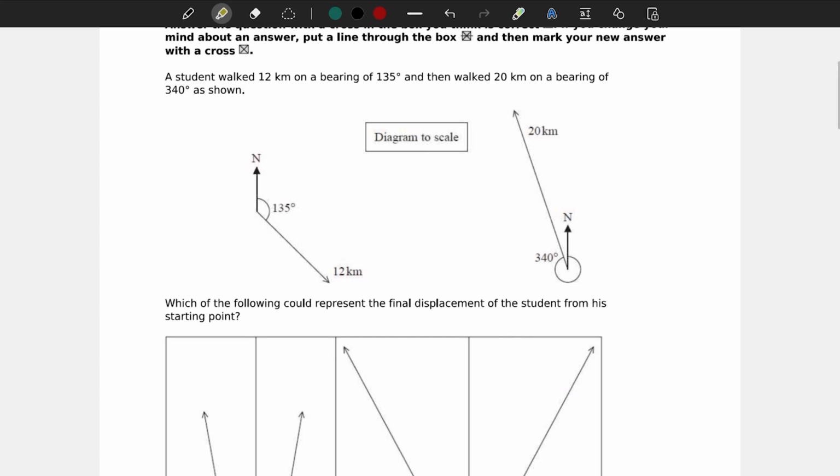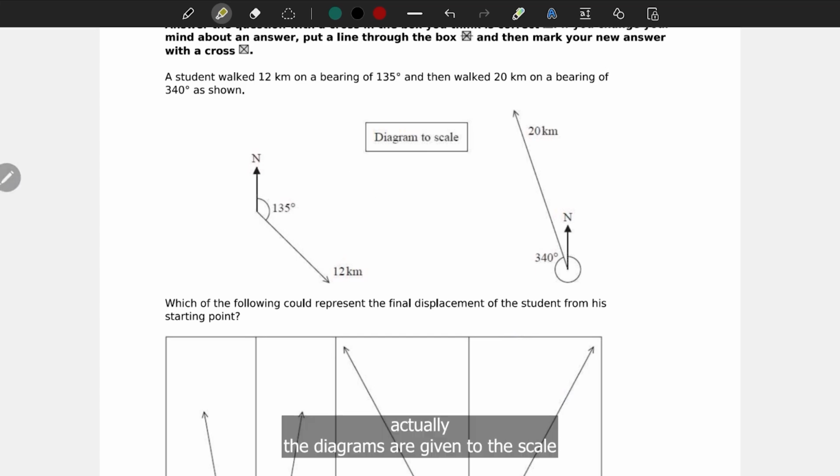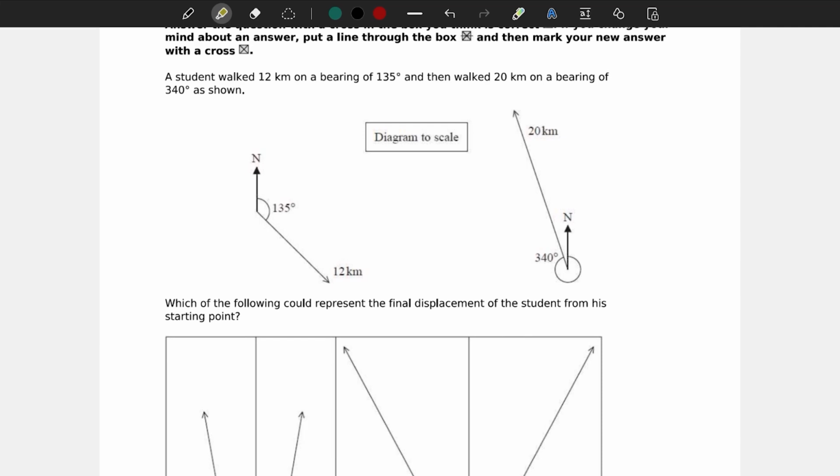Actually the diagrams are given to scale, and you are expected to draw a proper scale drawing to identify these. Otherwise, there's no other way to recognize what the final vector is.